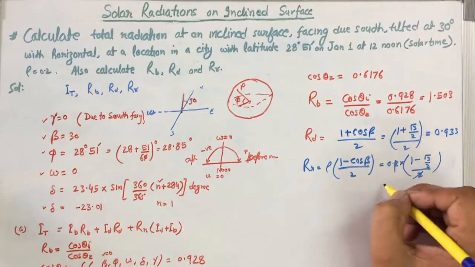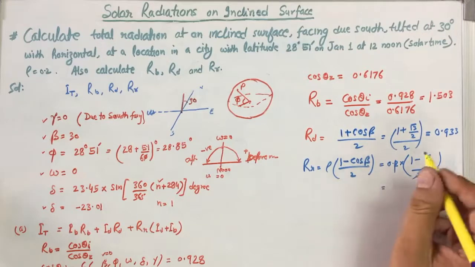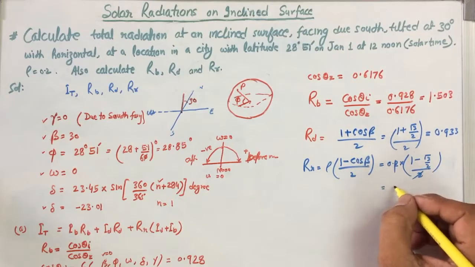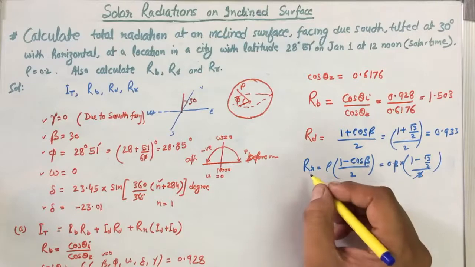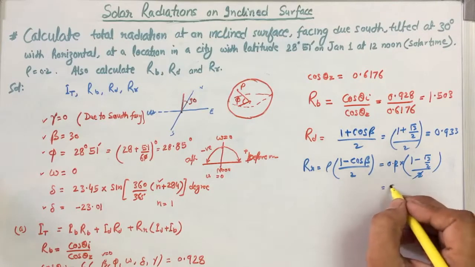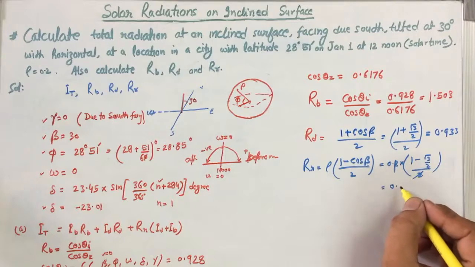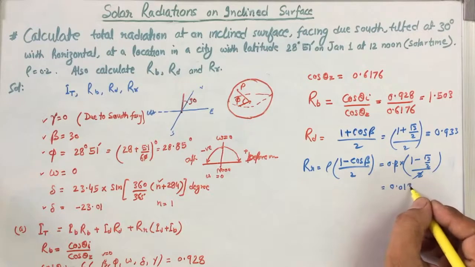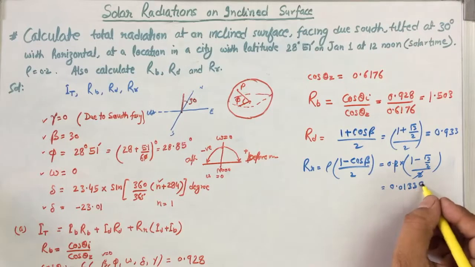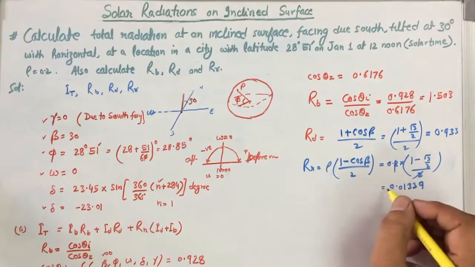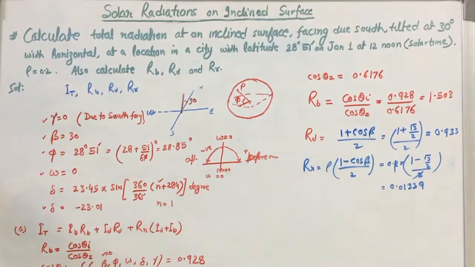Okay, so it will give us a very poor value of reflection coefficient. The reflection factor will be very low, because 1 minus something, and if we multiply with 0.1, then it will be 0.01339. I am putting this value from the already calculated place.